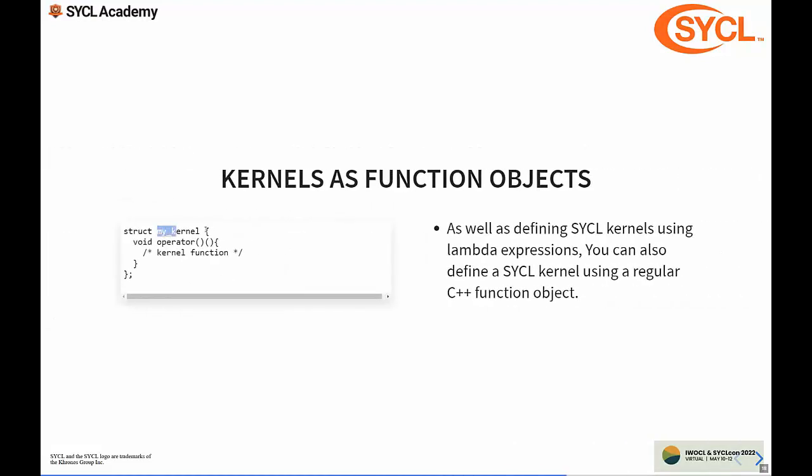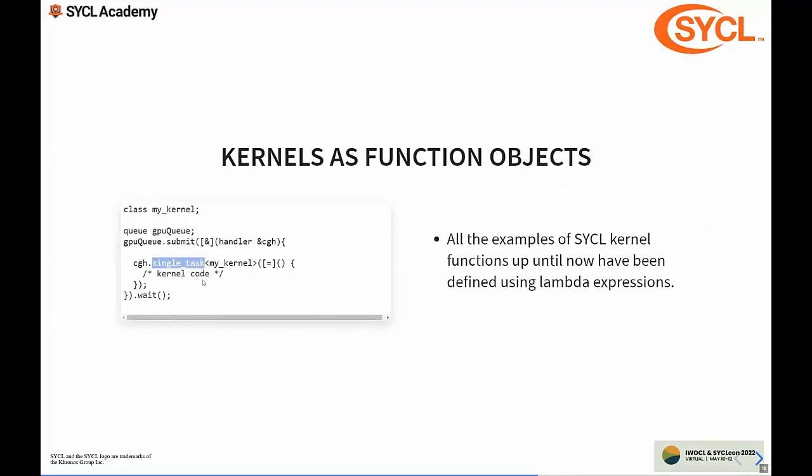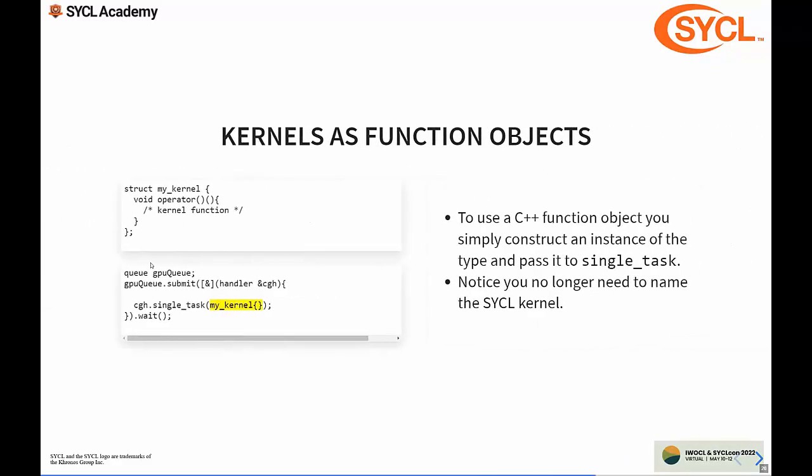If we have some class with a function operator, you can use it and invoke the single task method or parallel for methods in this way. So this is an example. In this case, you no longer need to name the SYCL kernel, because you already named your class and you're passing this class as an argument to the single task.